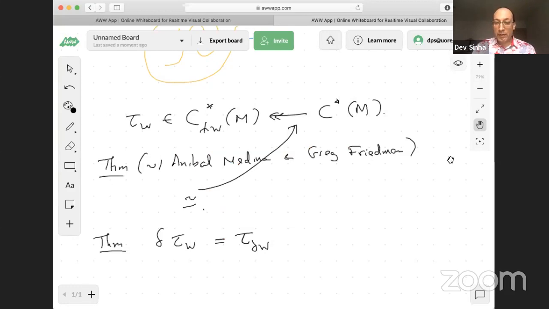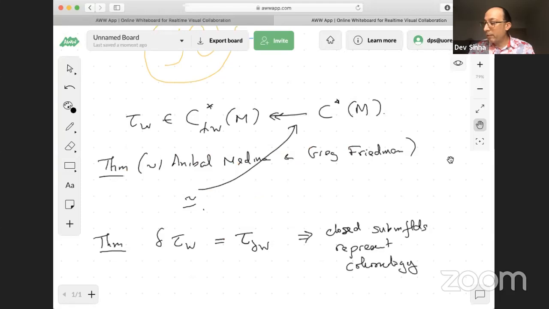The coboundary of such a cochain is tau of the boundary, and of course that implies that closed submanifolds represent cohomology.